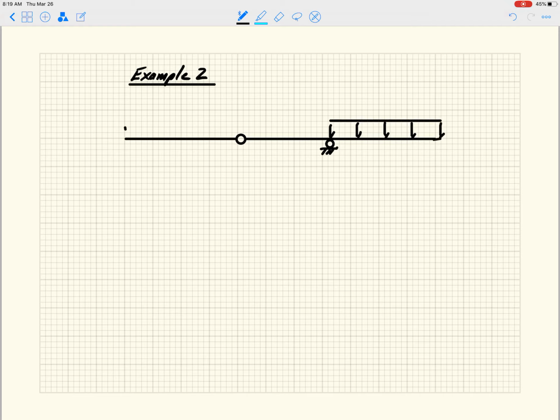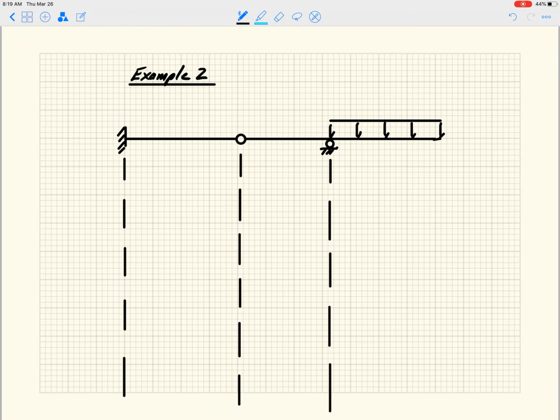Then we're going to have a distributed load. All right, and this support here is a fixed support. Right? So let me draw all of these guys down.